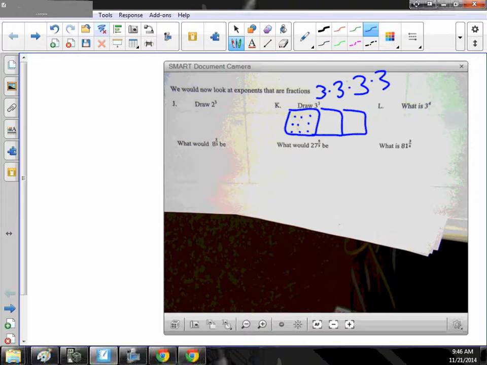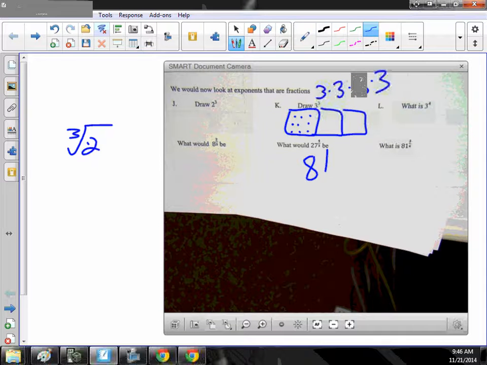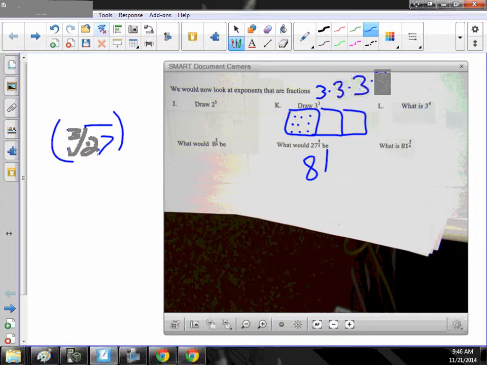We put another 3 out there. 3 times 3 times 3 times 3 is 81. Using roots, we could do the third root of 27. What is the third root of 27? 3. And if I raise that to the fourth, I get 81.